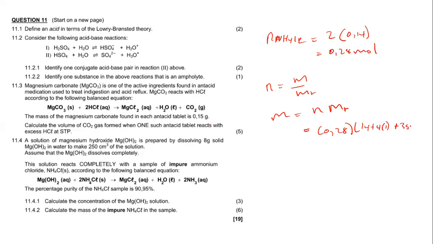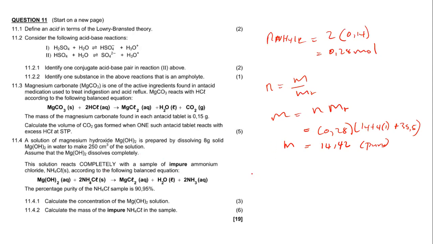So the mass is 0.28 multiplied by 14 plus 4 plus 35.5, and we get 14.42. This is the pure mass of ammonium chloride that has reacted.